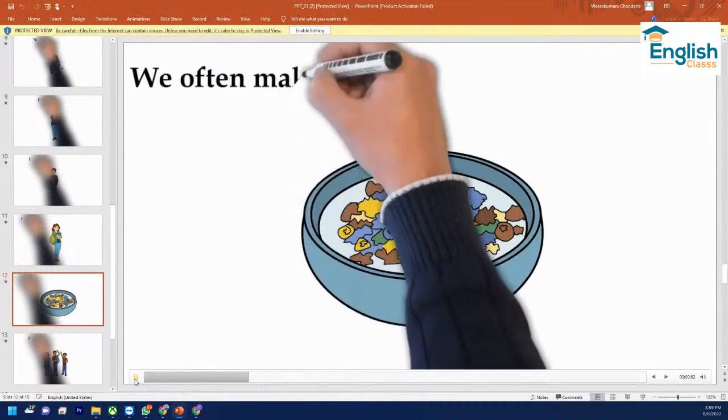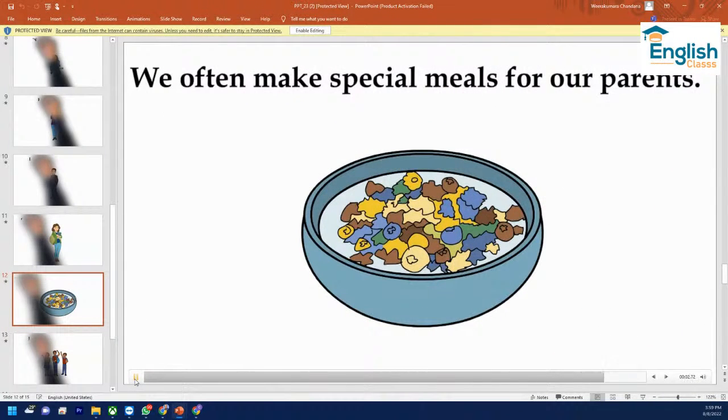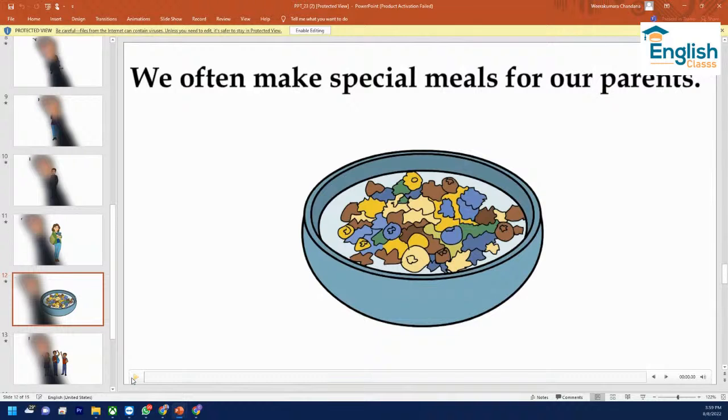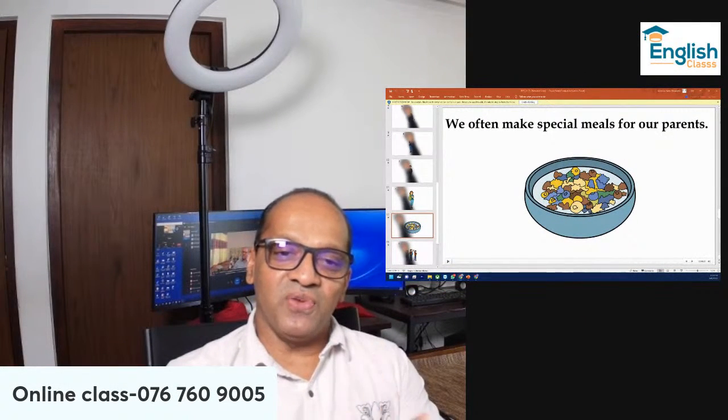We often make special meals for our parents. Here we have used the word often just before the verb. Remember, you can use it at the end of the sentence as well.